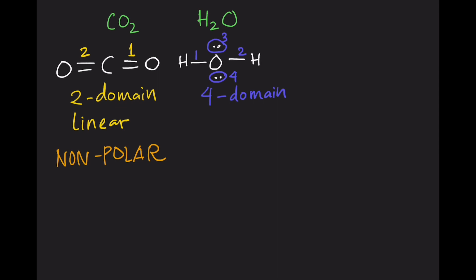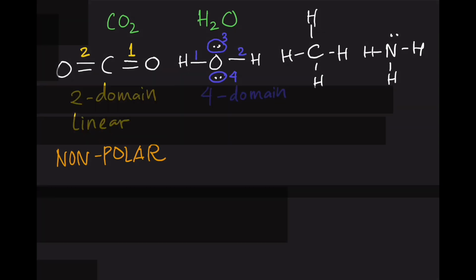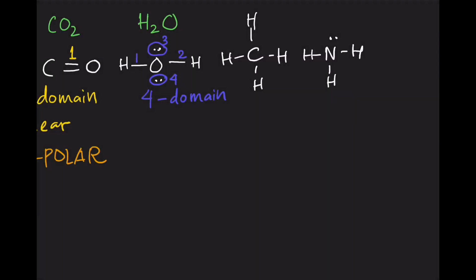Meaning that structurally it's not comparable to CO2. It is more comparable to other compounds, which are CH4 and NH3. In principle, H2O is more comparable to methane, CH4, and ammonia, NH3.